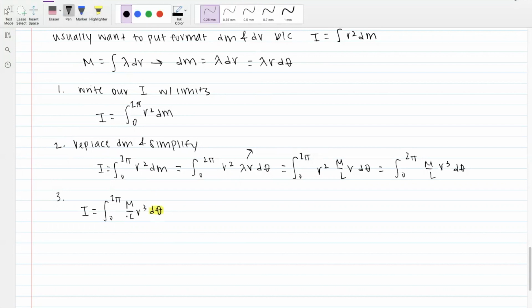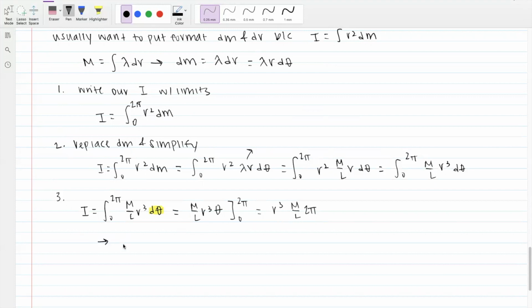So that means that this entire portion of this integral is a constant. That being the case, this will equal m over L r to the third theta from 0 to 2 pi. When we reduce this, we get r to the third m over L times 2 pi.